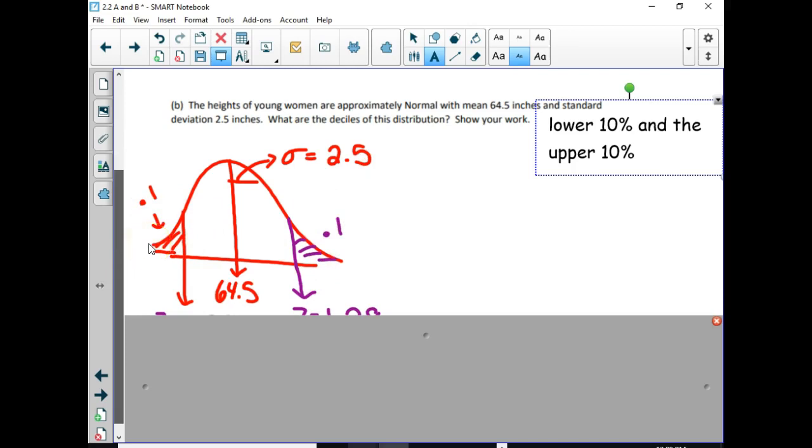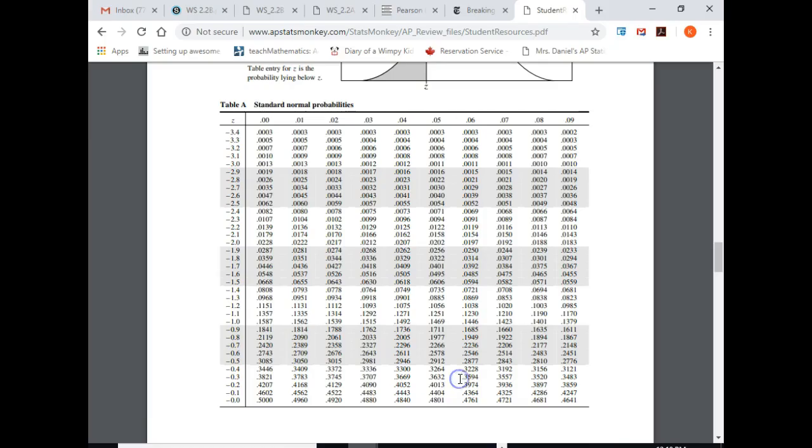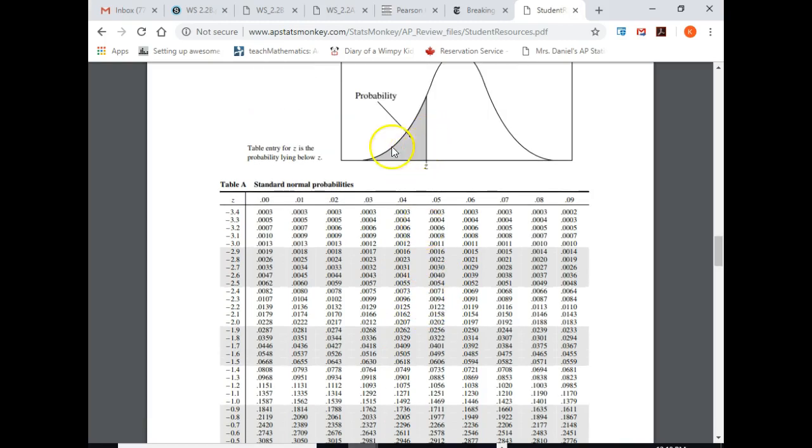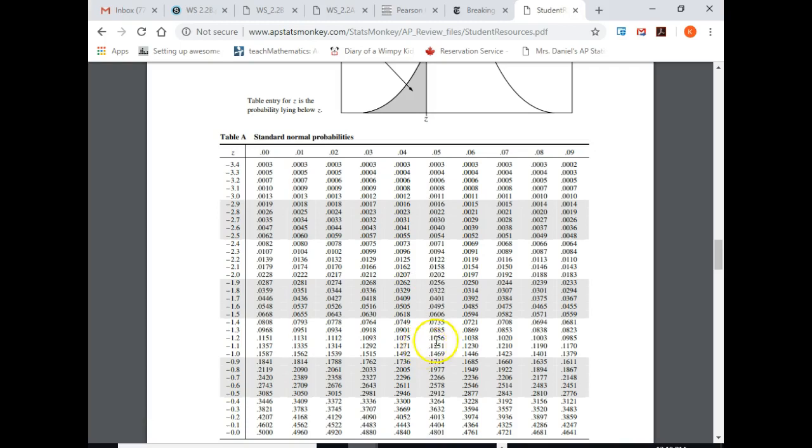Okay, that's my picture. Then what does it say to do? Go to table A, but now we're going to the inside. Why are we going to table A? We need to find the corresponding z-score with it. Okay, so now what I'm going to do, the lower 10%, that's everything to the left, the lower 10%. So I'm going to find 0.10. 0.10 is approximately right here.